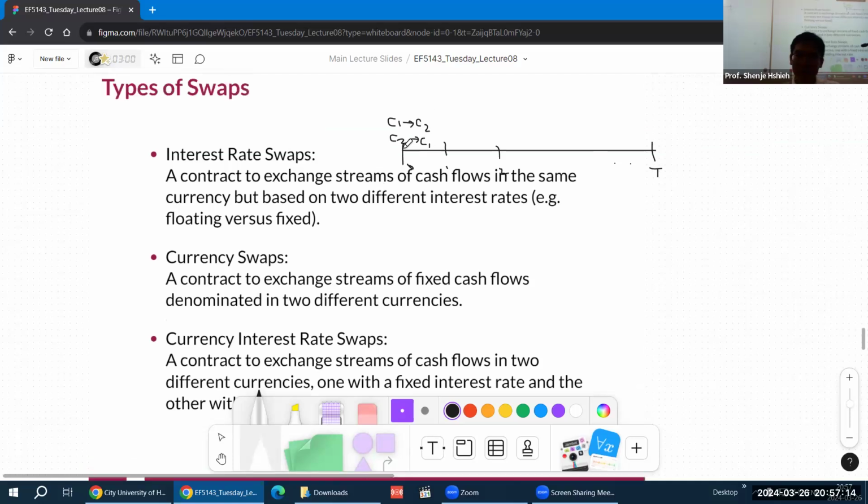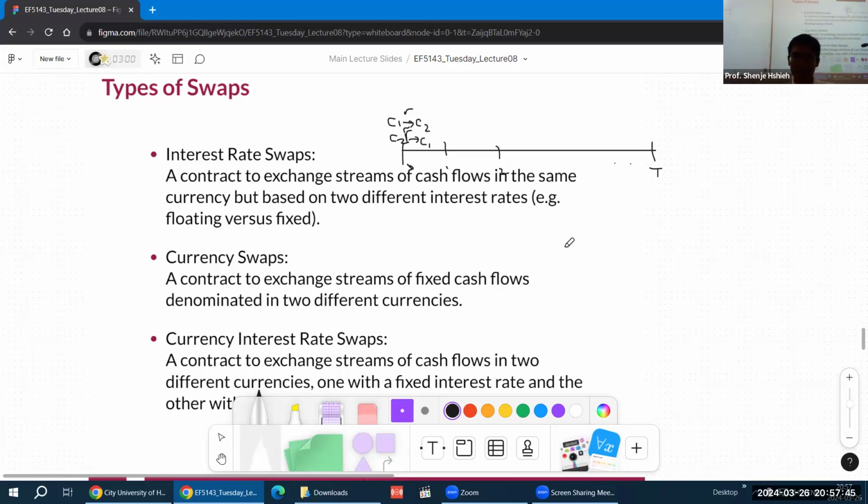And usually, what does C1 give to C2? Maybe it's a fixed rate, R, or maybe a variable rate, like LIBOR. I'll just write R with the squiggly line for variable rate. So that's what I'll write to denote a swap. What I wrote here is that every period, C1 gives C2 a fixed R, but C2 gives C1 some variable rate. So there's an exchange of interest payments every period.